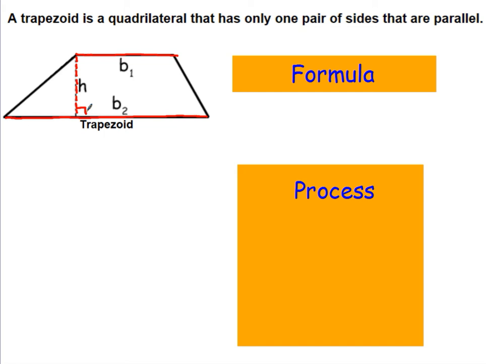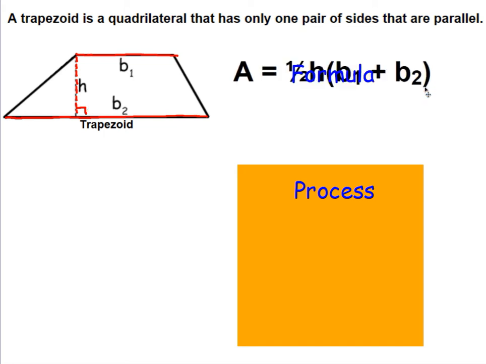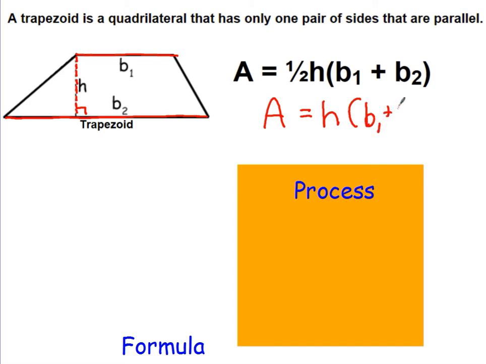But it has to be a perpendicular line connecting them. So, once again, as we just learned, the formula is 1/2 the height, parenthesis, base 1 plus base 2, or height after you add base 1 plus base 2, you multiply it by the height and divide by 2.